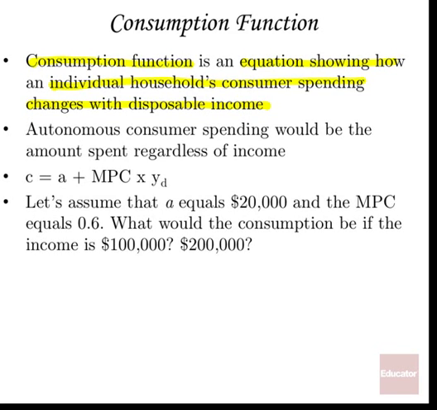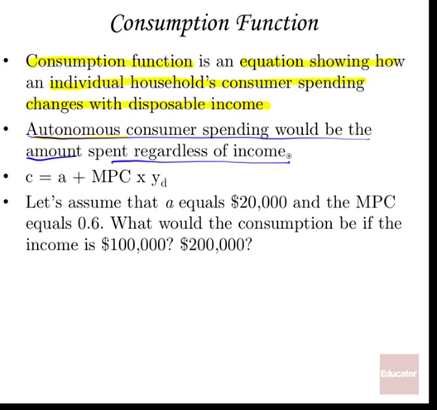Okay, so autonomous consumer spending would be the amount spent regardless of income. So let's say hypothetically I got fired from my teaching job, or for some reason I quit, I didn't work. The idea is that consumers are going to spend a certain amount, and it could be different. It could be 10,000, 20,000, 5,000.